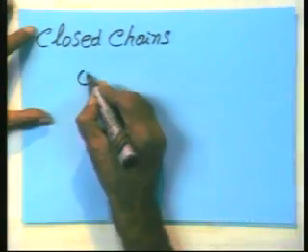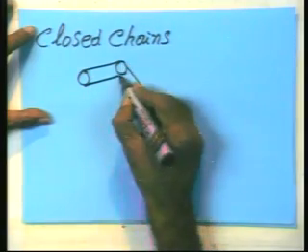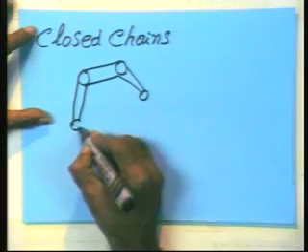I will begin with a very simple planar closed chain. The simplest planar closed chain I can think of is the planar 5 bar.